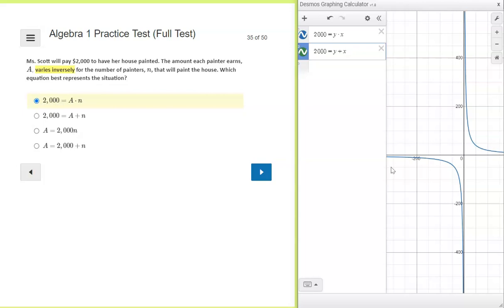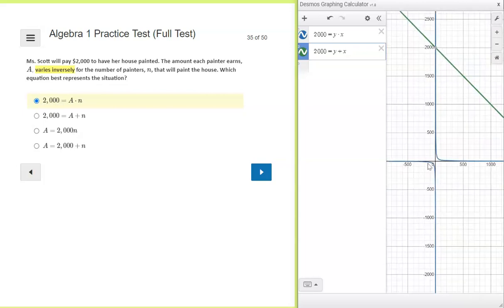I'm just changing them so that I can graph it. That's definitely not that. For this one, y equals 2,000 and x. That doesn't look like it. I don't even know why I'm doing this. I know the answer for sure is the first one. But like I said, we want to make sure. Yeah, that one's not it either. Definitely this.